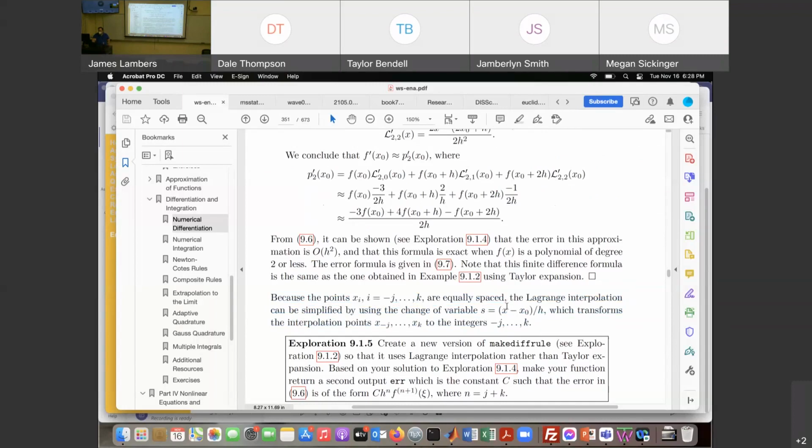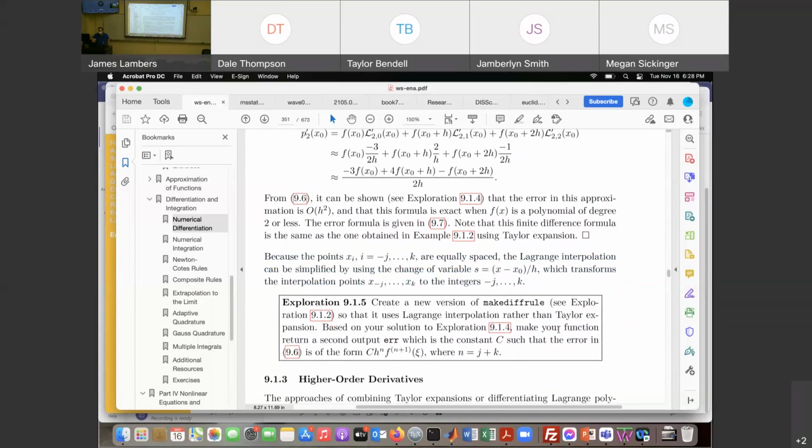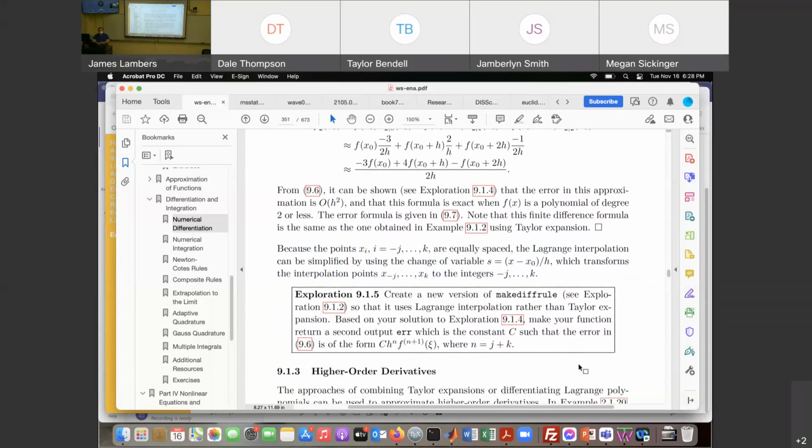So you plug in x equals x naught, that corresponds to s equals 0. Other questions?